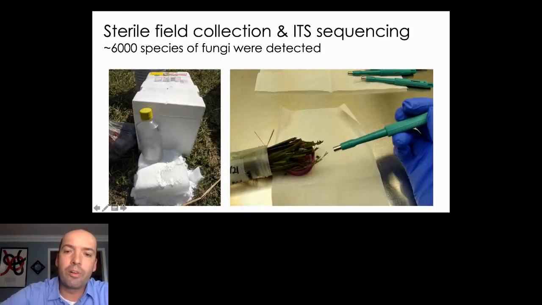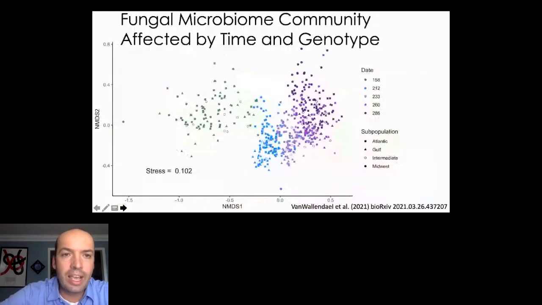With this work, we collected samples from the field and conducted ITS sequencing. Acer detected approximately 6,000 different species of fungi in the leaf phyllosphere community, and from that started conducting analyses. To summarize those results, he found really strong differences in the fungal community across time points.